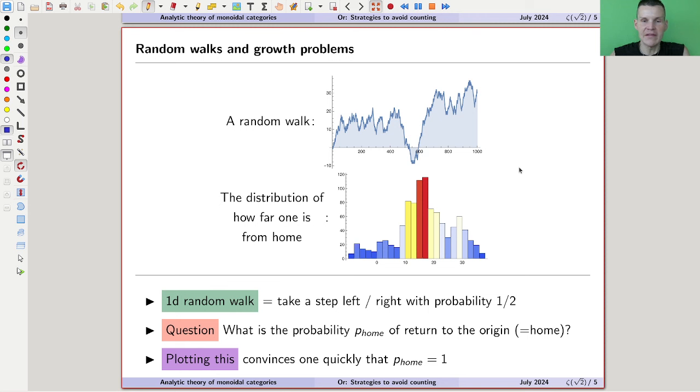So let's say the easiest infinite graph I can come up with is this guy, the integer line. So just a line. 1D, it's usually called a 1D random walk. Take a step left or right with probability a half. If you do that, and you ask ChatGPT to write a program that simulates a random walk, it will do the following, or at least that's what I did.